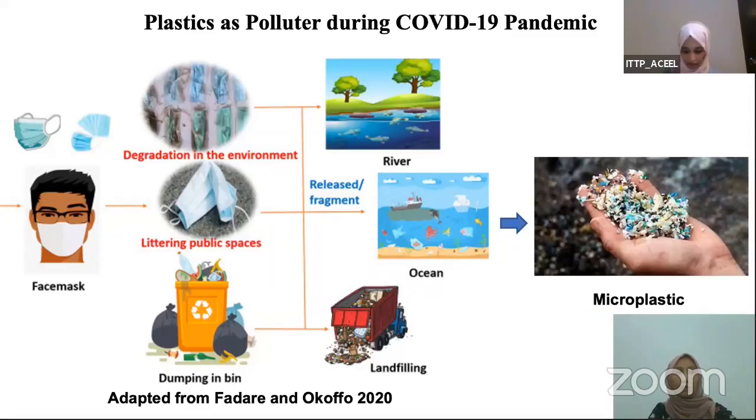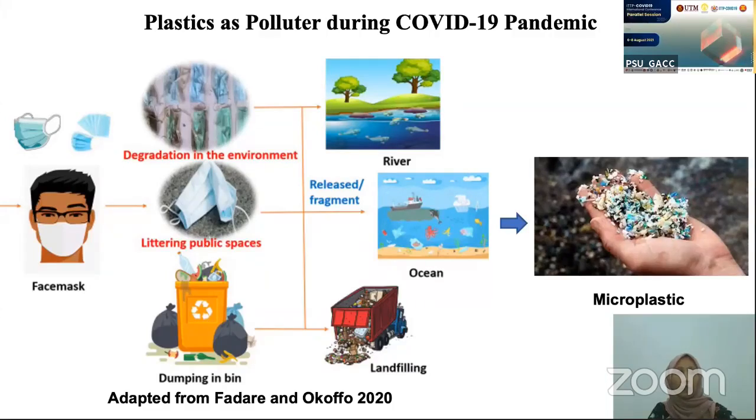The plastic waste from daily face mask or face shield usage was not well managed and will end up in our ecosystem as plastic and eventually will become microplastic. However, the process of plastic becoming microplastic also takes a lot of time to degrade.